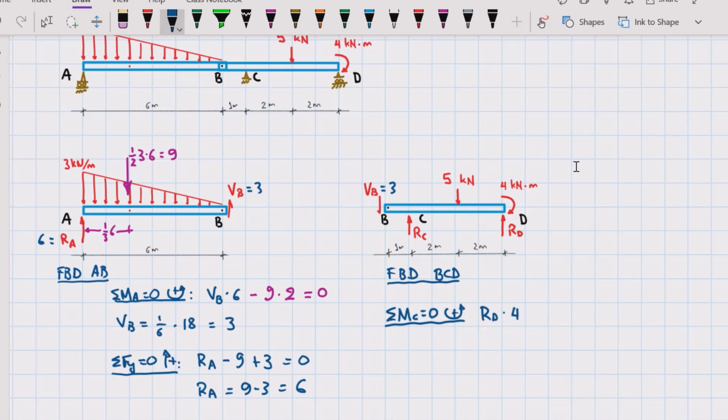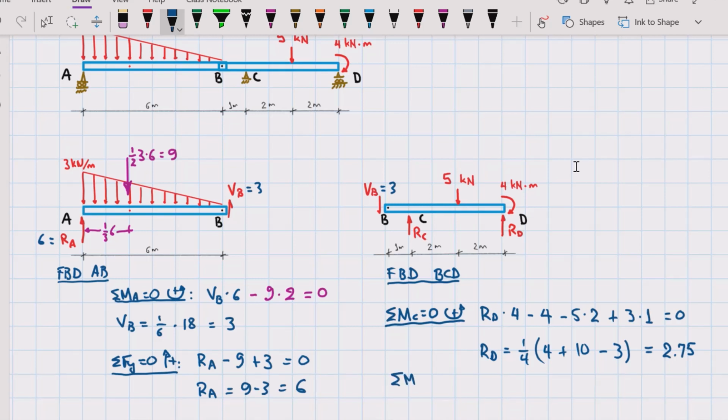Minus 4, yes. What else? Minus 5 times 2. What else? Plus 3 times 1, right? Equals to 0. Reaction at D equals 1/4 of 4 plus 10 minus 3. So equals to 2.75.